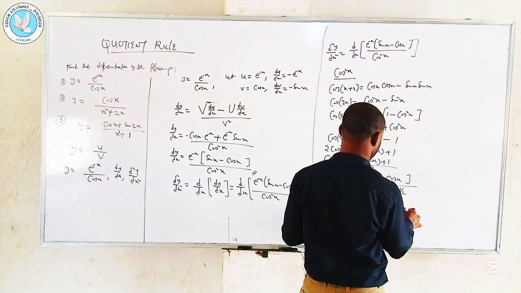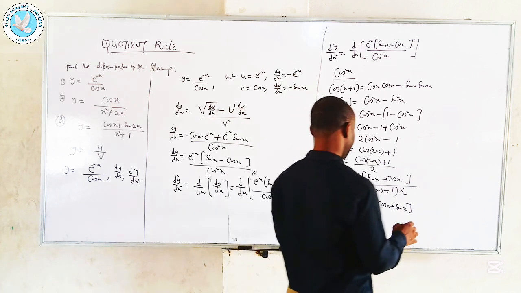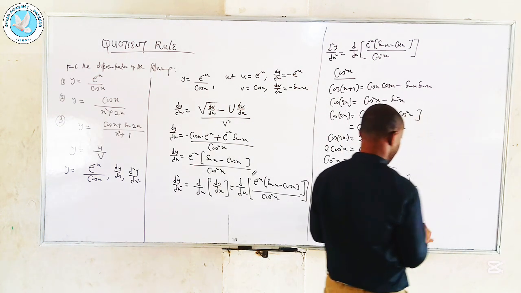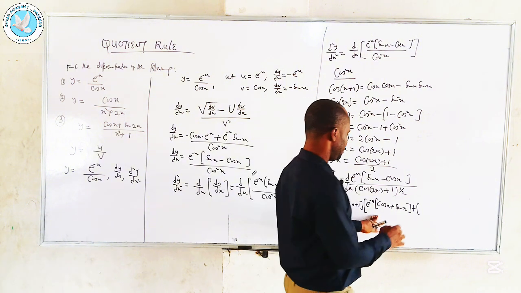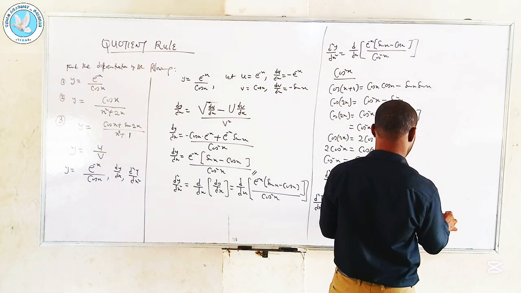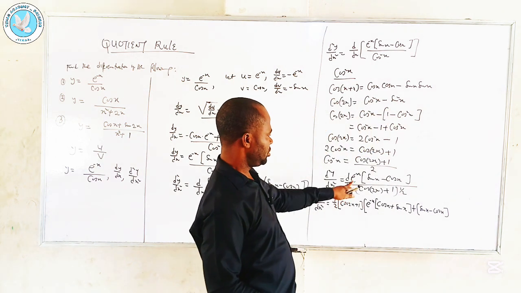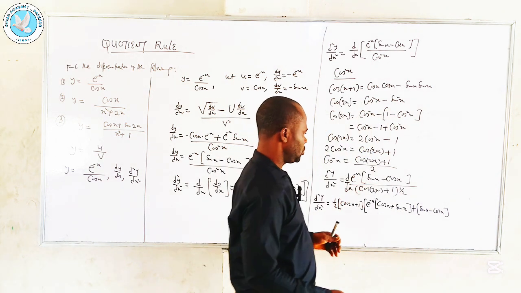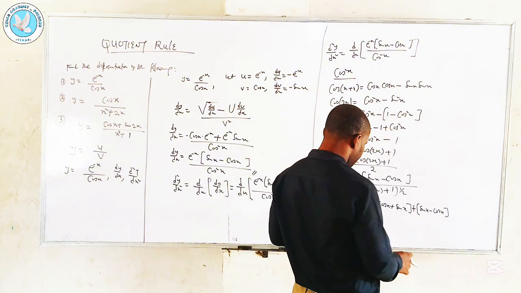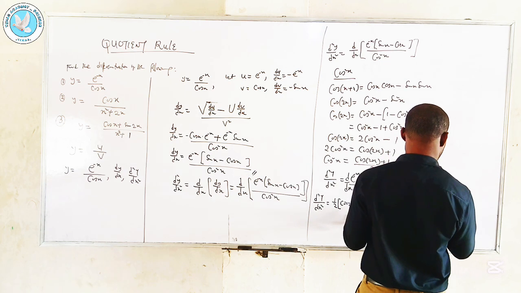At that point, we also keep this, and also keep sine x minus cos x, and differentiate this. That will give us minus this.